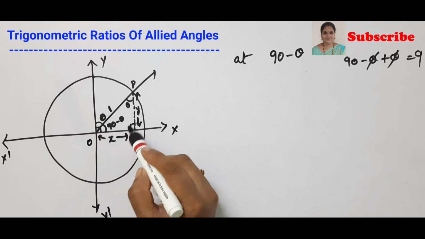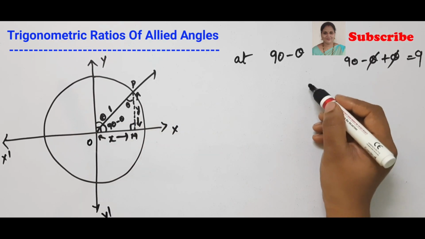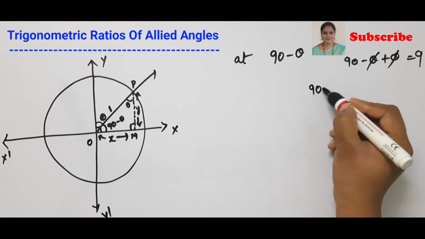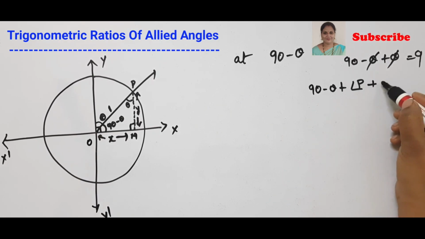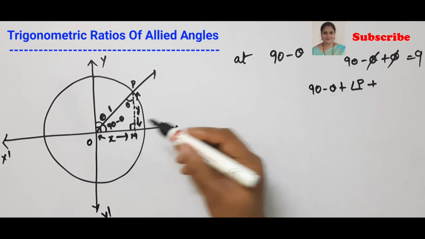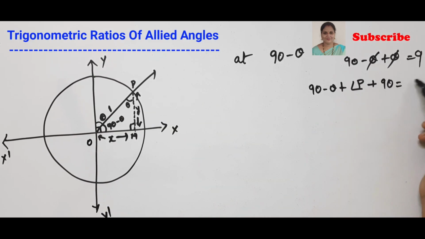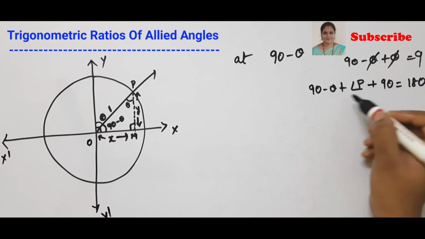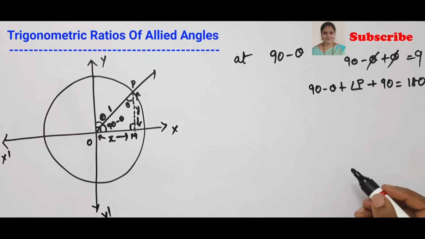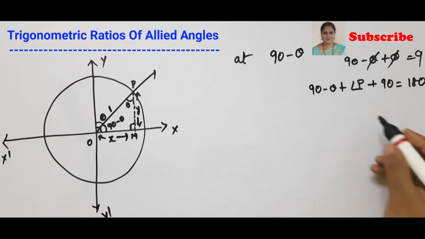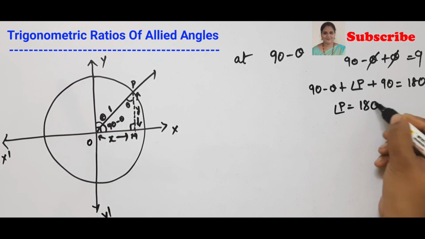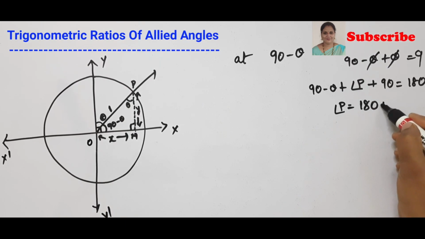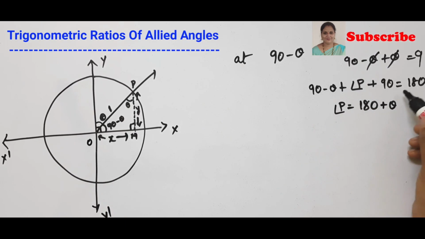Using that also you can calculate the angle at P. For example, 90 minus theta plus angle P plus 90 degrees is equal to 180 degrees. So angle P is equal to 180. This minus theta becomes plus theta, and 90 plus 90 is nothing but 180.